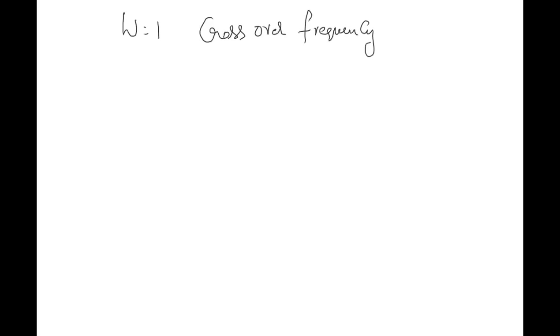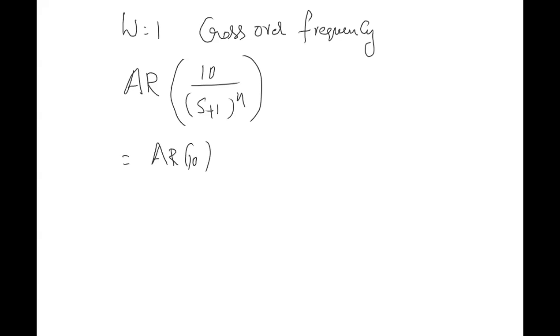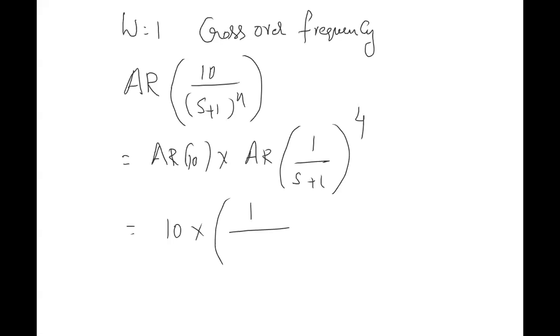Now find the amplitude ratio of 10 by (s plus 1) whole power 4. The amplitude ratio of 10 times the amplitude ratio of 1 by root of 1 plus 1, whole power 4, is 10 by 4.